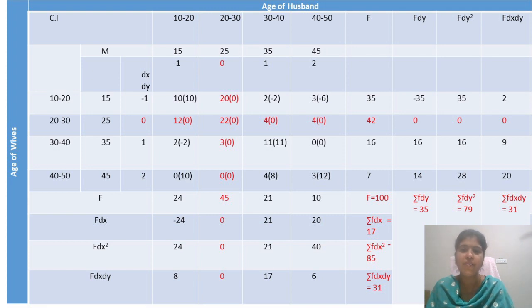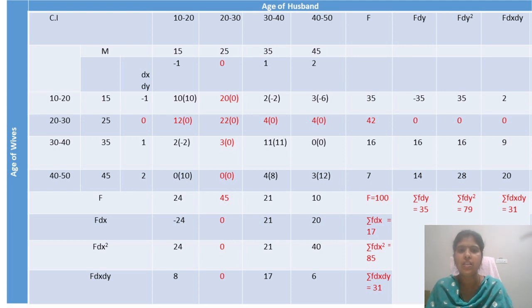Total sigma fdx is only 17. fdx square: minus 1 into minus 1, 1 into 24, 24, 0 into 0, 0 into 45, 0, 1 into 1, 1 into 21, as it is 21, 2 into 2, 4, 4 into 10, 40, total it is 85.